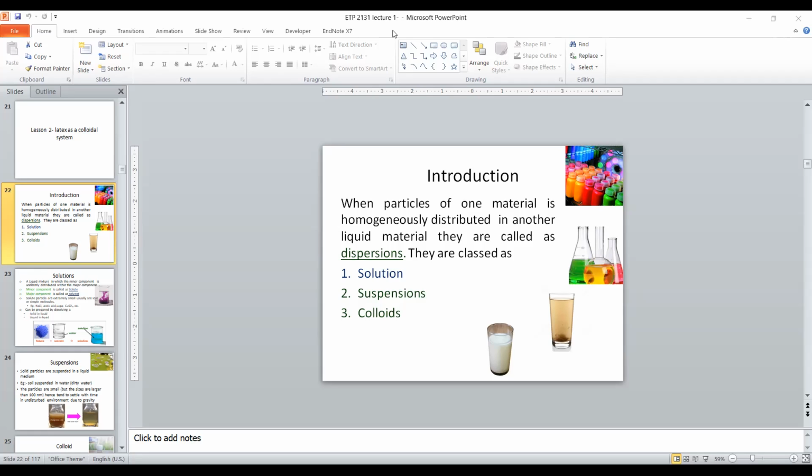Yes, Chamira. It's Chamira, right? Yes, madam. Colloids. Okay, Hiroshima, what do you think? Mahisha, what do you think? Yes, madam. Colloids.